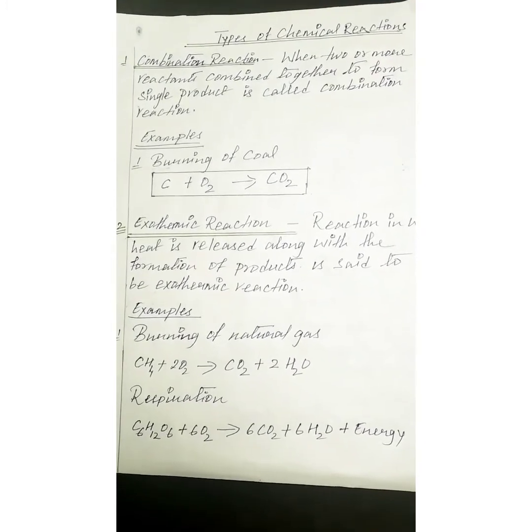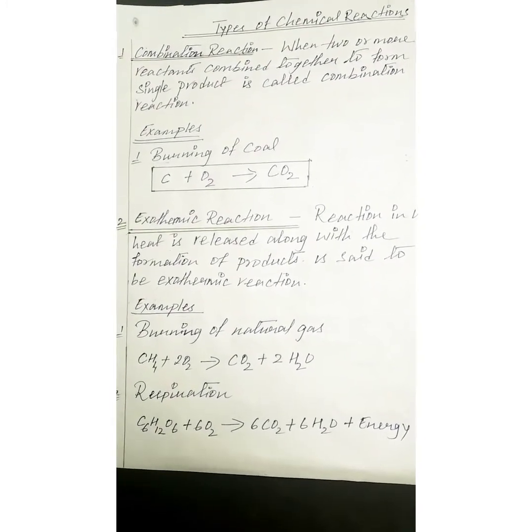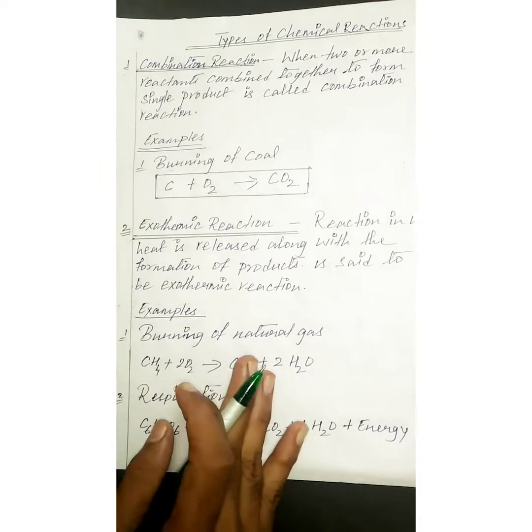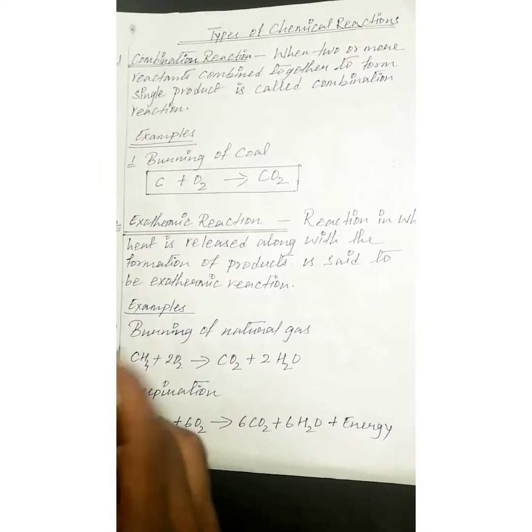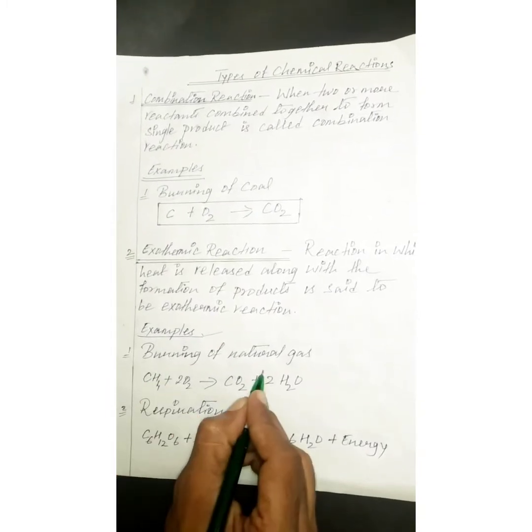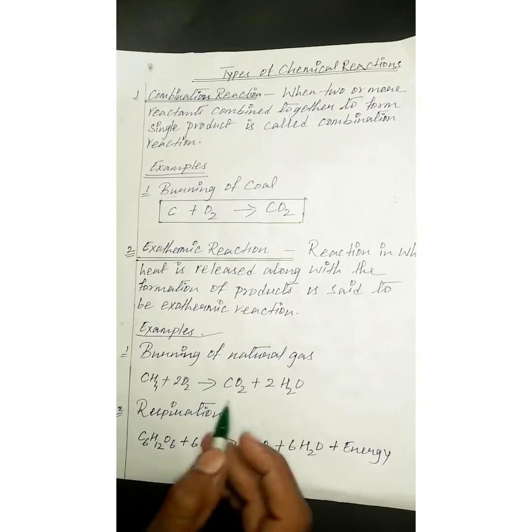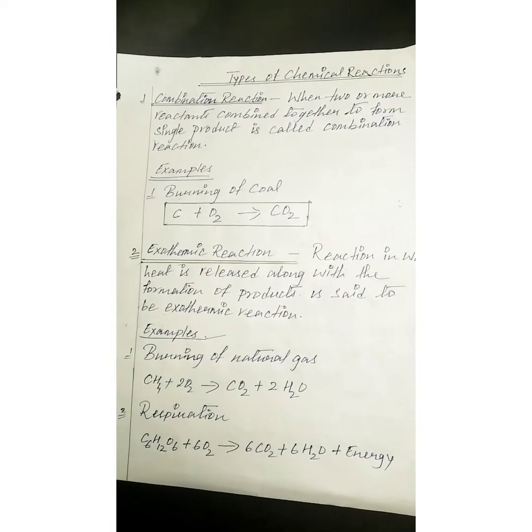A reaction in which heat is released along with the formation of products is said to be an exothermic reaction. An example from NCERT is the burning of natural gas, where heat is released along with the formation of products.